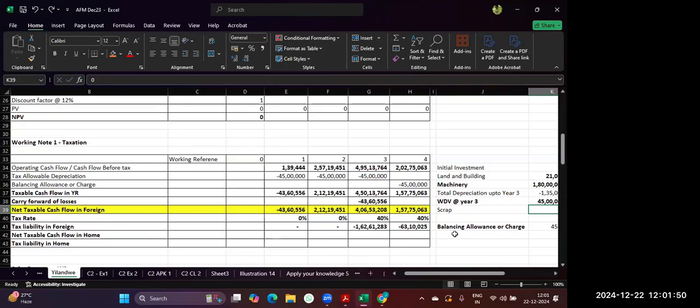Should I carry forward my year one loss to year two? No, sir. Why no? Because there is tax only from year 3. The tax rate is zero in the second year, so there is no benefit if I carry it to second year, right? I will save money if I carry it to third year. Got it?